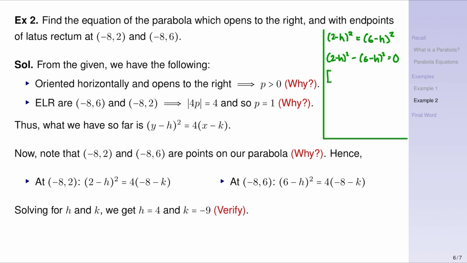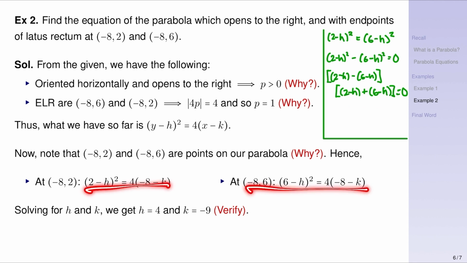So you can write this one as (2 minus h minus 6 minus h) times (2 minus h plus 6 minus h) equal to 0. And then from there, you can just easily solve this one. You can see that this thing will just be constant, so it's just up to this to determine the value of h. Then once you have h, you just plug it into either this or this to obtain k.